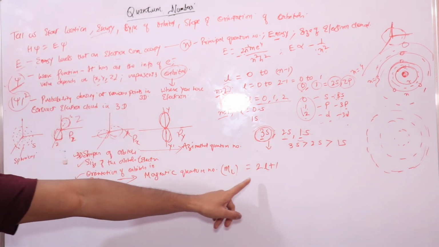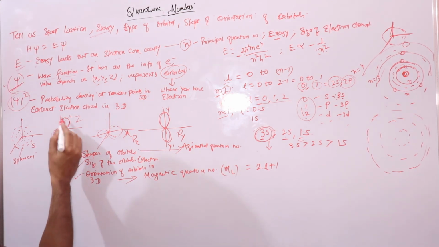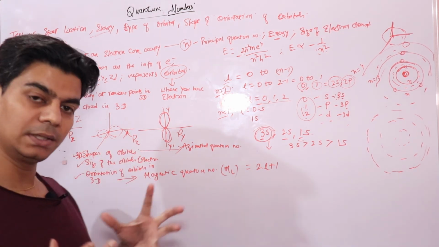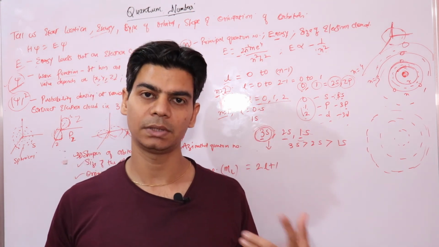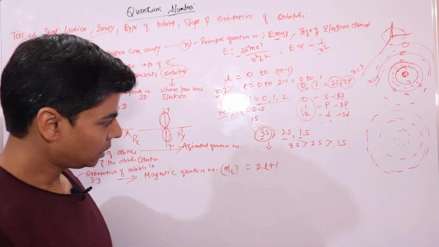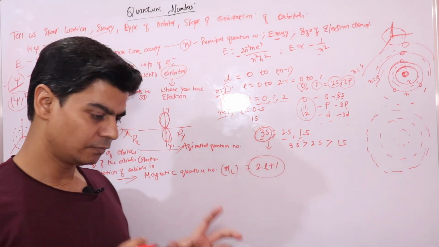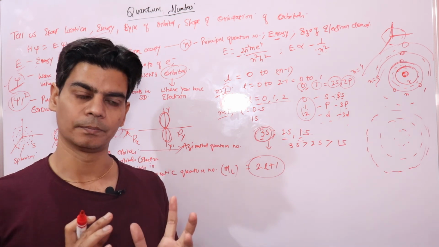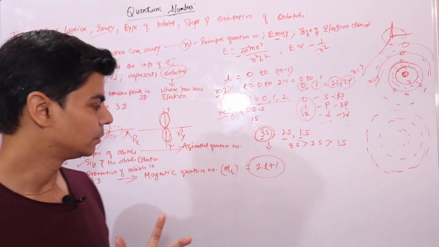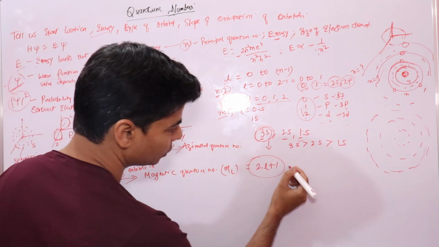The values of 2l plus 1 will tell you the different orientations that an electron can have in three dimensions. So in a way, this value will give you the probability of finding the electron in different orientations.